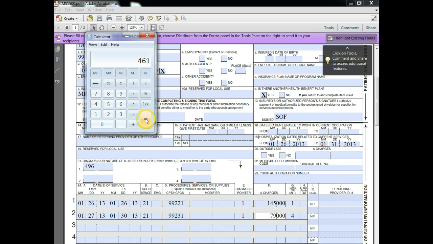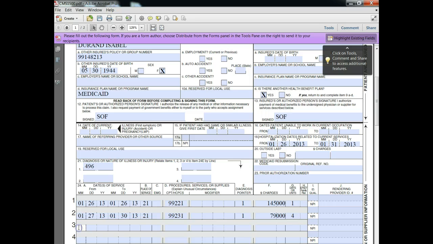So right now we have $461 we're going to be charging. Again, the carrier multiplies days or units times the charge, and they then get the fee or charge that they will be paying for.